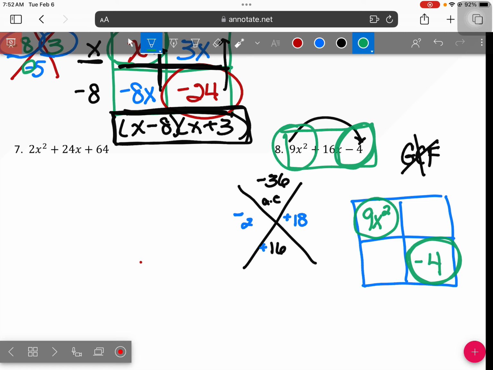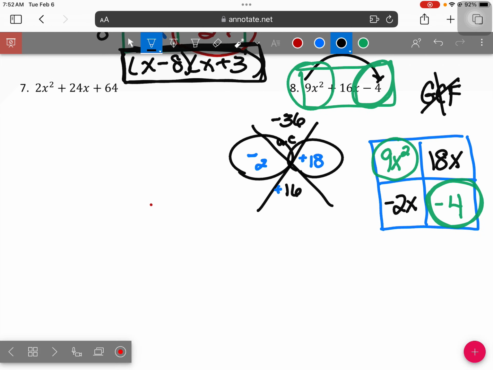There you go. And the two middle muddles are negative 2 and 18 multiplied with the x. Okay? Then I've got to find greatest common factor between 9x squared and 18x. Tay, what do you think? 9x.